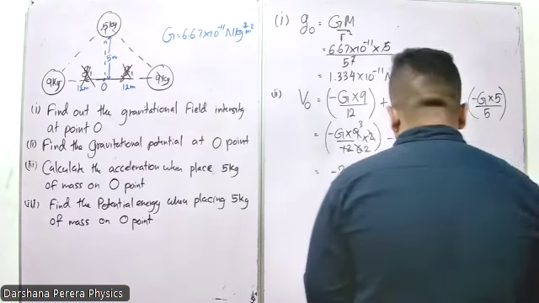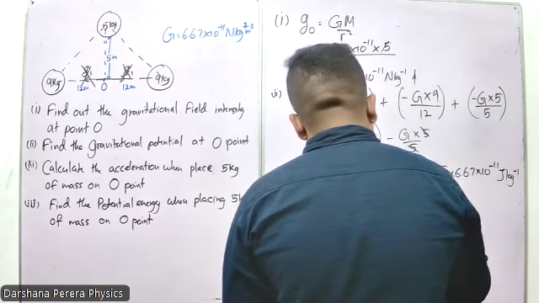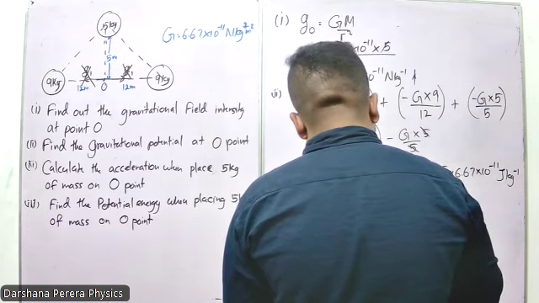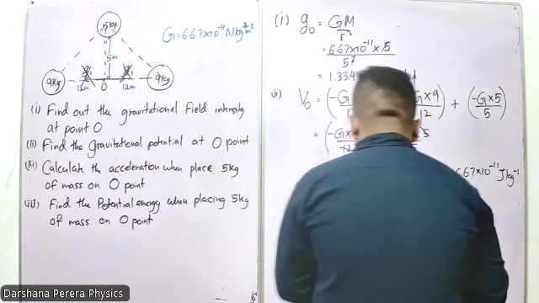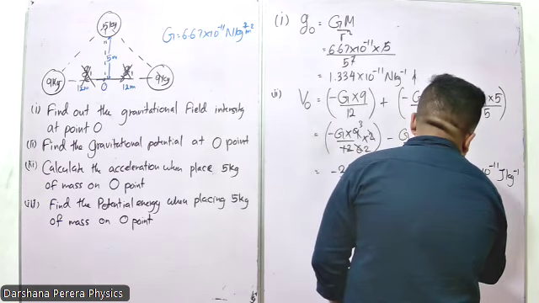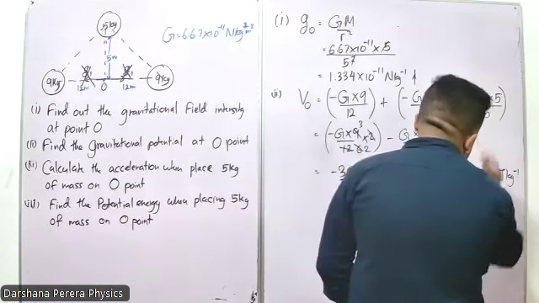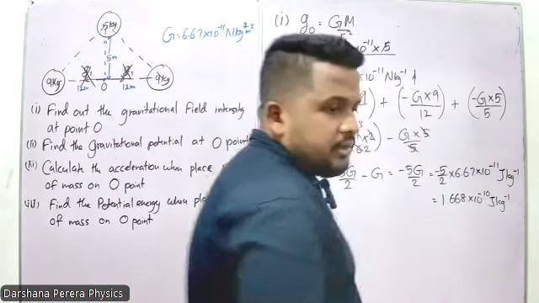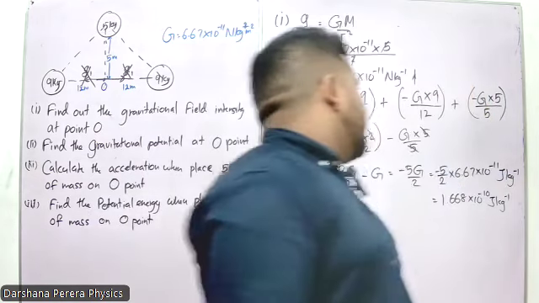So this is the answer. So the answer is 1.668 into 10 to the power minus 10 joule kg minus 1. Yes, this is the answer.